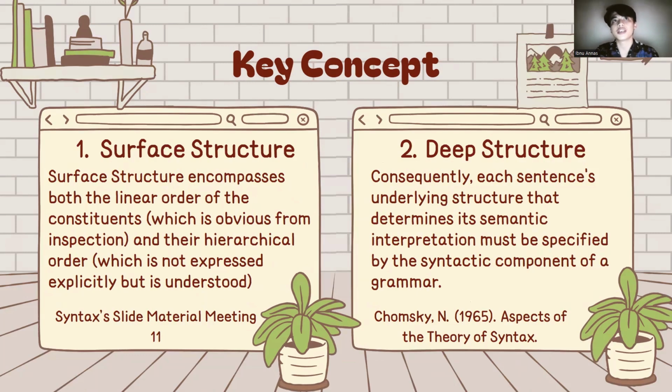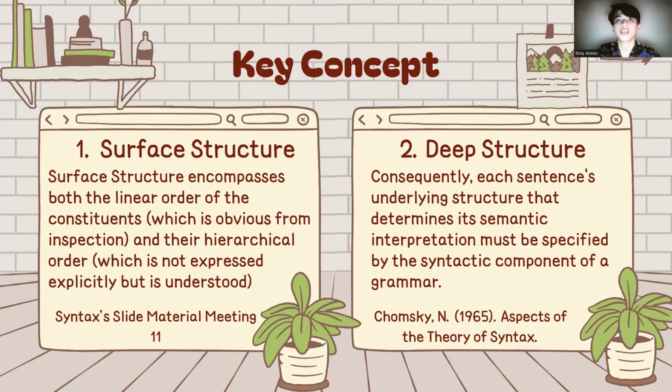Surface structure is the sentence that we actually speak or write. It shows the linear order of words. So surface structure is both the linear order of the constituents, which is obvious from inspection, and their hierarchical order. It's from the syntax slides material, meeting 11. And the second one is deep structure.